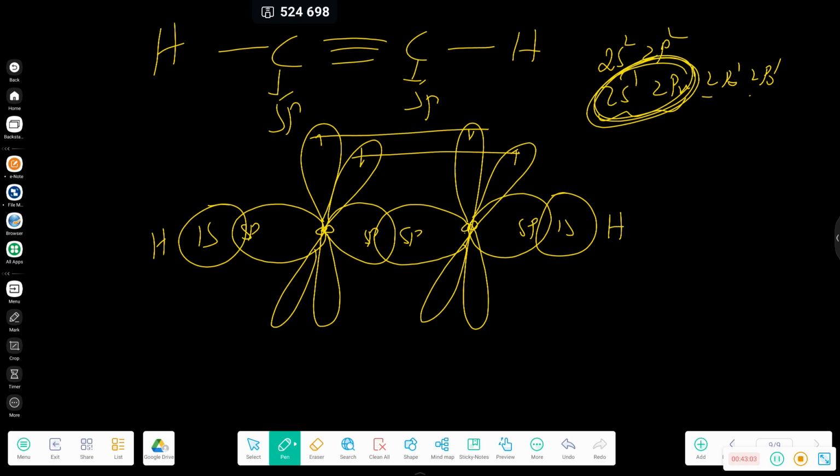Sp-sp sigma bond is there. Sigma bonds are 2. Pi bonds, how many? 2. Pi bonds generally form with the pure orbitals, which are not hybridized. Like that. Okay. So it is linear. These two carbons are in linear form.